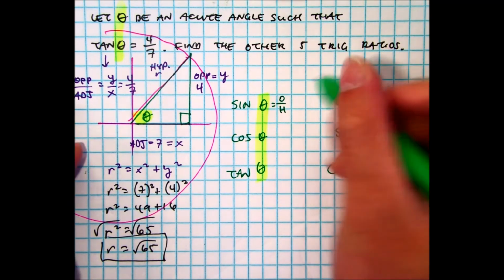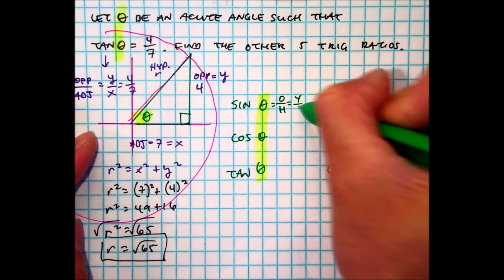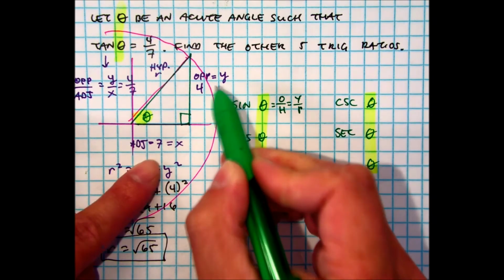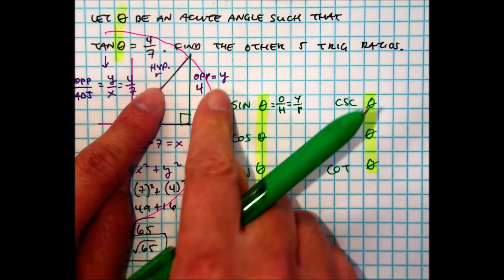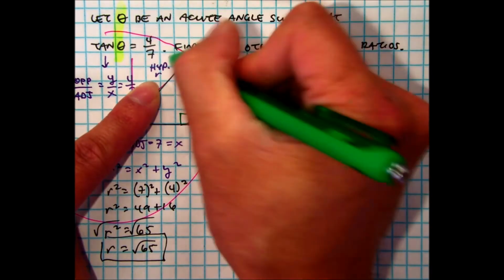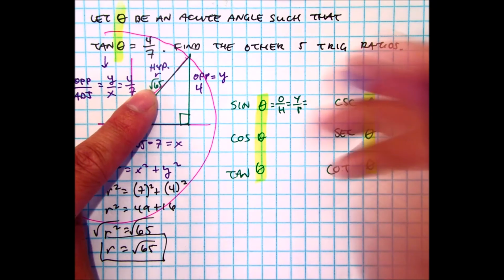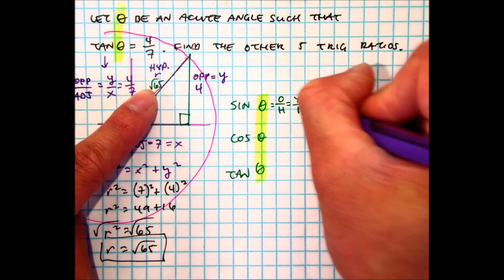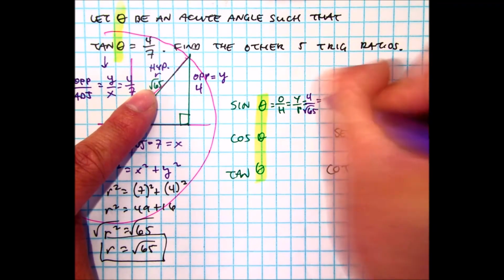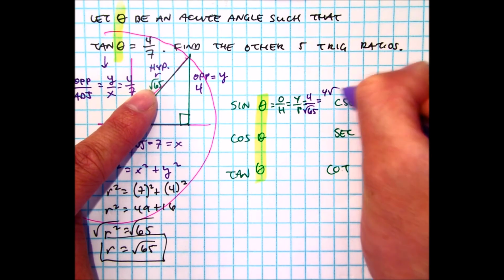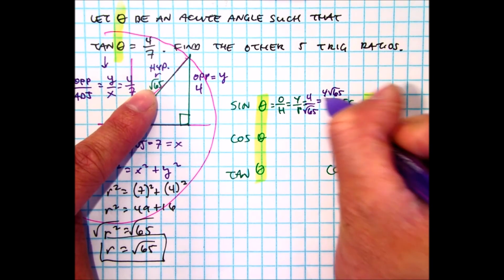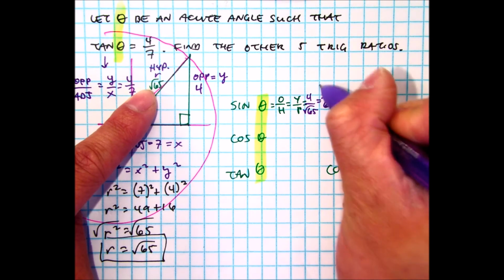or my y over my r, and then therefore I'm going to get y over r, 4 over square root of 65, or if you rationalize that, you'll get 4 radical 65 over 65.